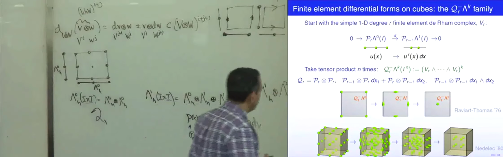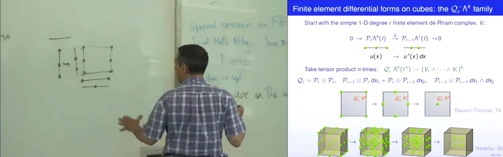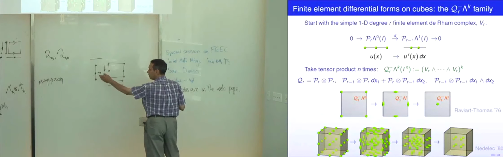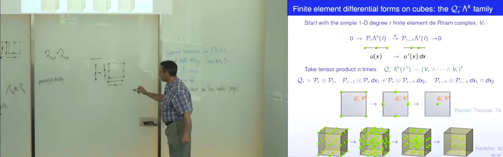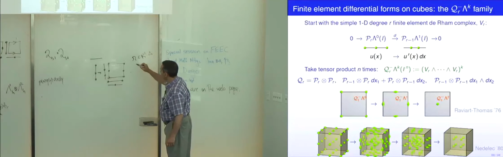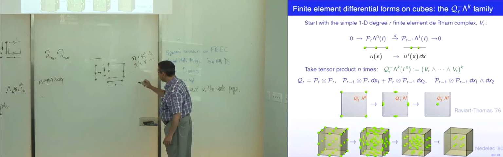By the way, there's also no problem. So you can use any things that work on omega and any complex that works on omega prime. You could take the case where omega was in 2D with triangles, and omega prime is in 1D, intervals, and then you're going to get prism elements.